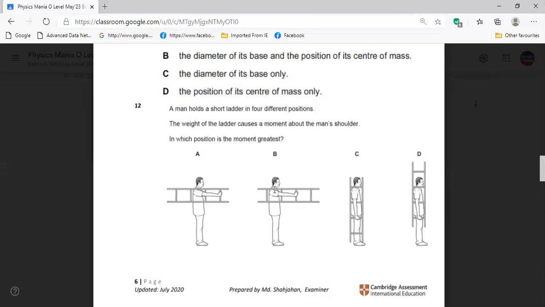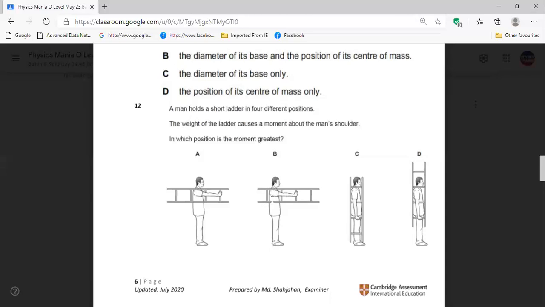If you think of the ladder, it is divided into two parts here. The right side part has mass, and for that we have weight, and that weight works downwards somewhere here. If you divide it into two parts, this is the center, right? Yes, here is the center.